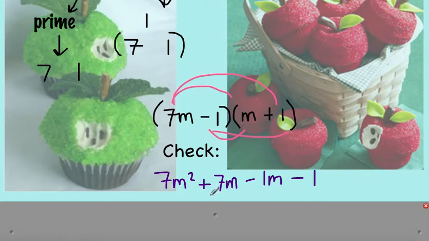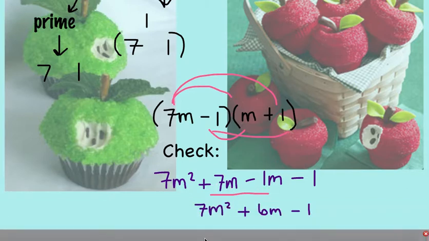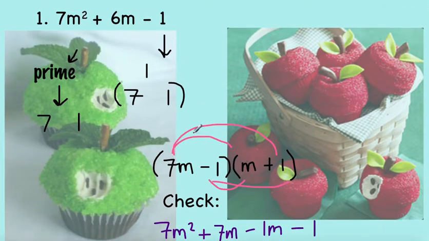When I combine these two like terms, I'm going to get a 6m. So that's where my 7m squared plus 6m minus 1 comes from. So the correct answer is the quantity 7m minus 1 times m plus 1.